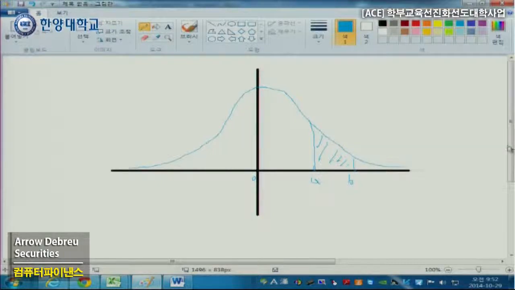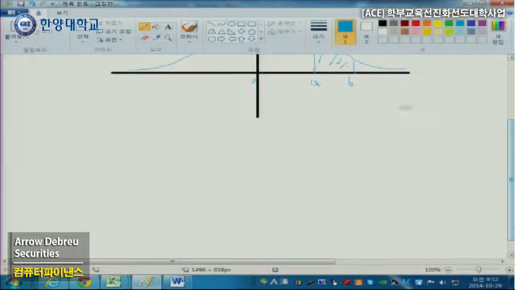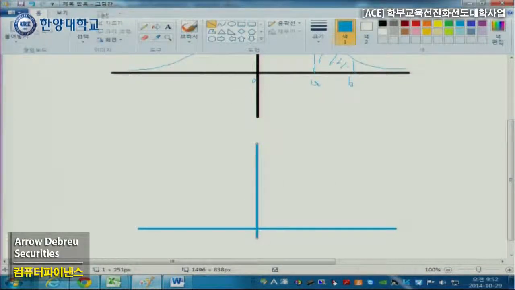The cumulative density function for the standard normal distribution would look like this. The cumulative density function is always between 0 and 1, right?